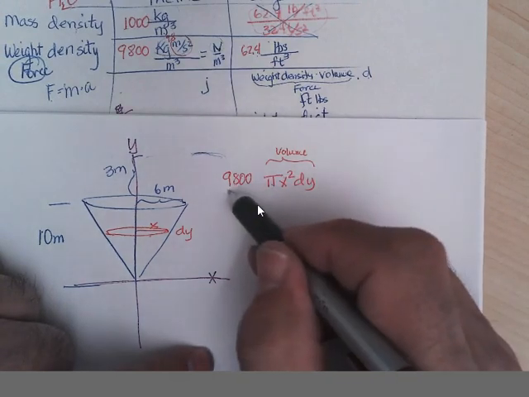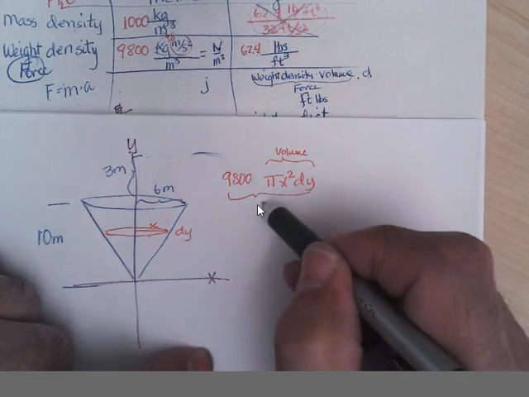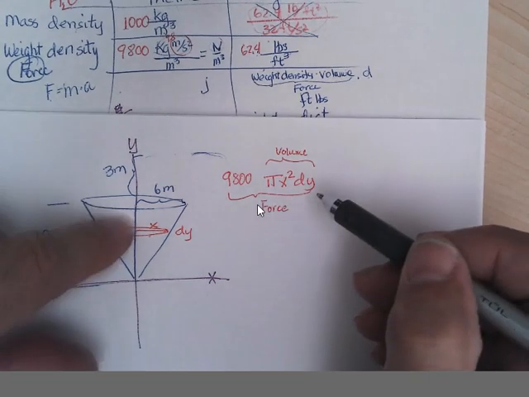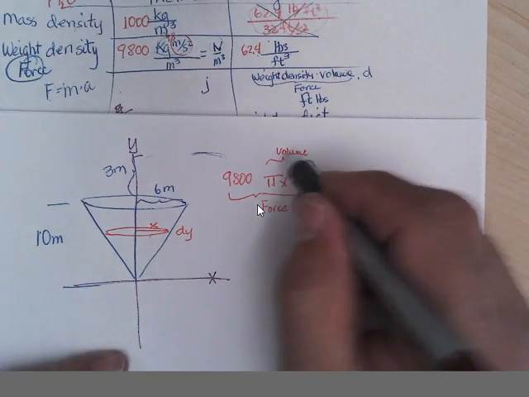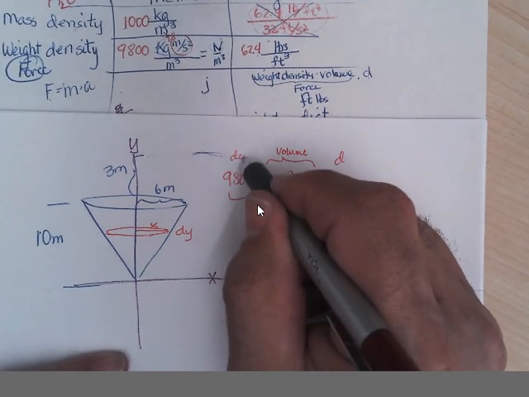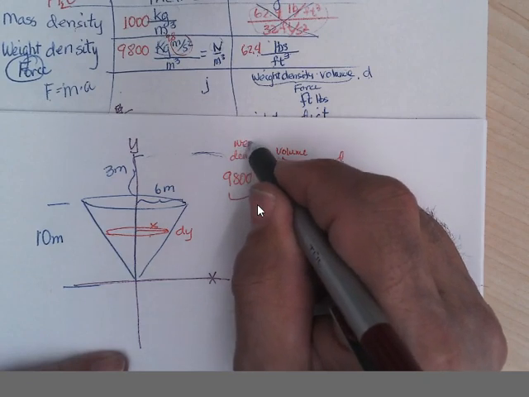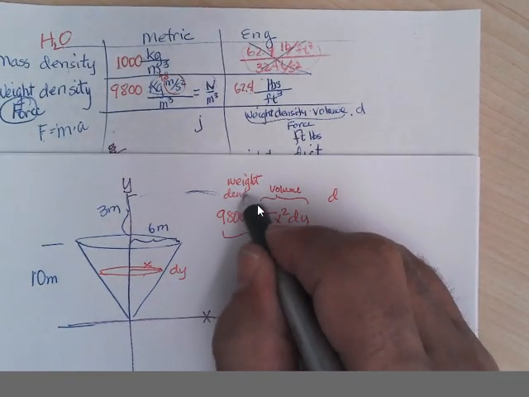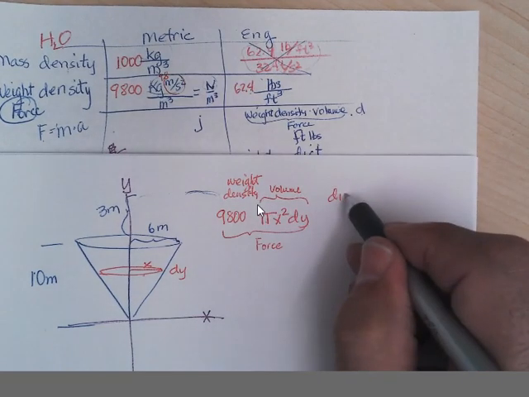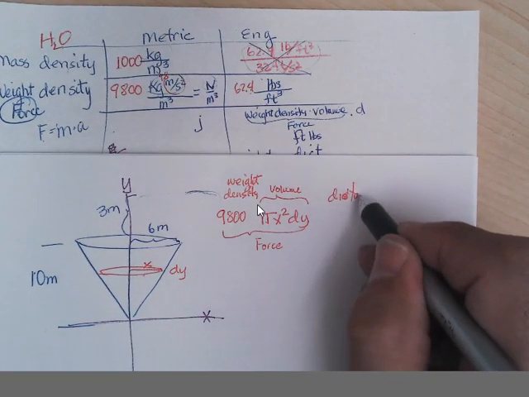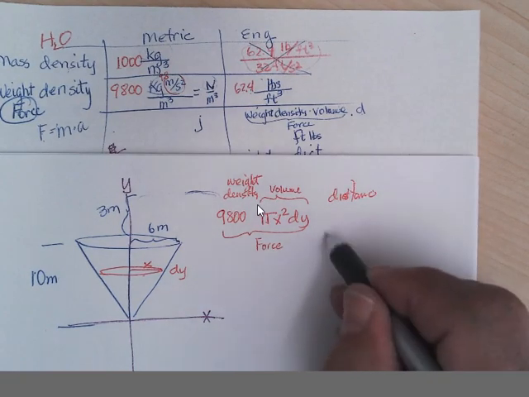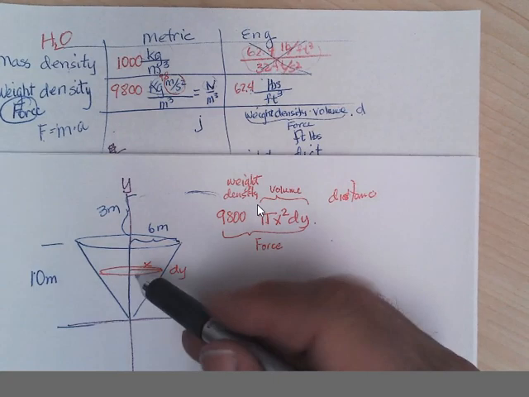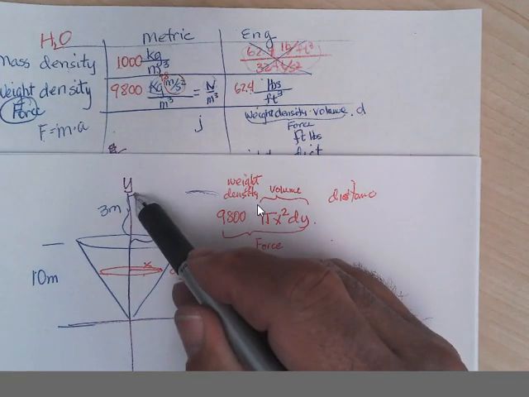So now we're down to newtons, which is a force, the force of the weight of that disk, times the distance we're going to lift it. Force times distance.